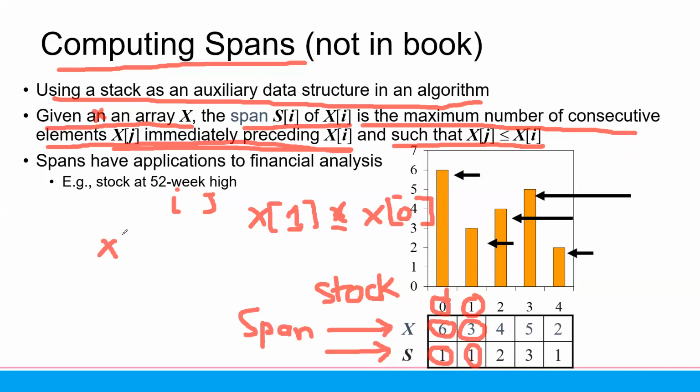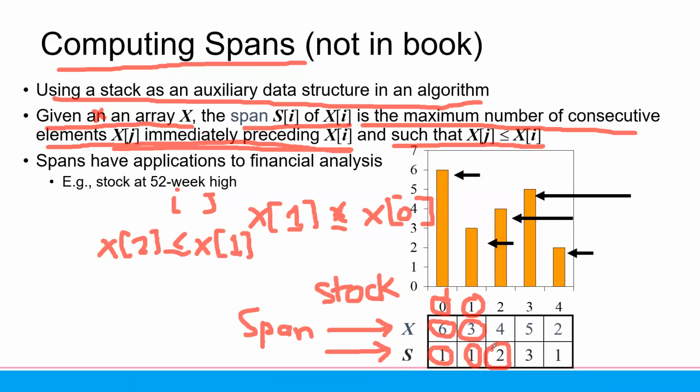X2 is less than or equal to X1? X2 is 4, less than 3? No. Then we will do the consecutive numbers, so we will add.